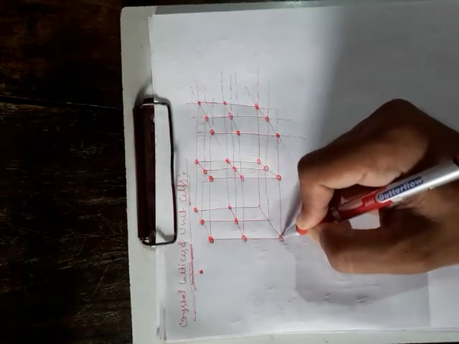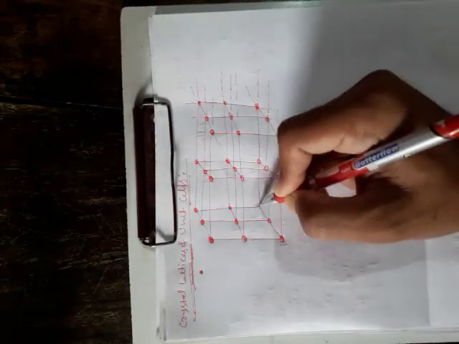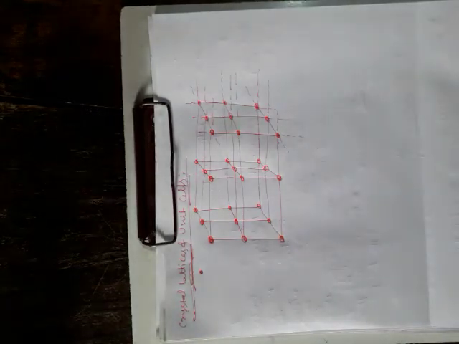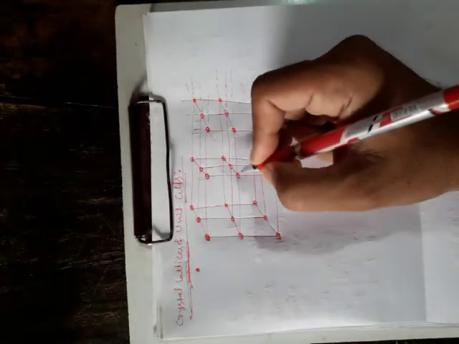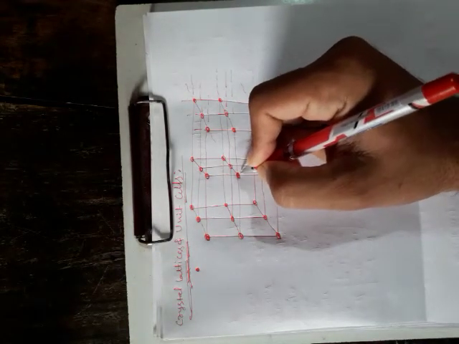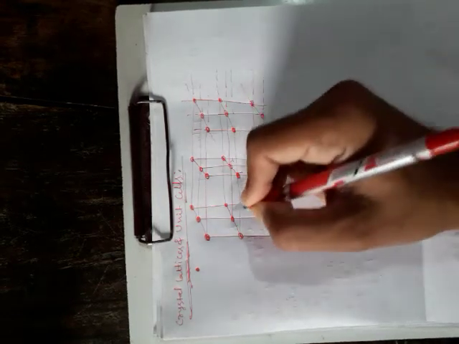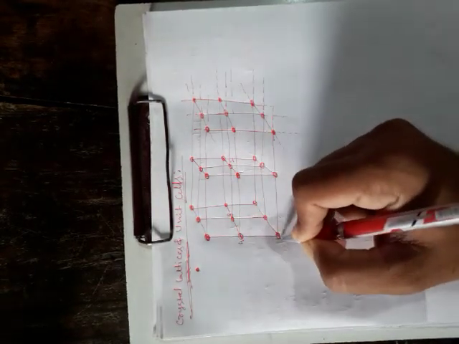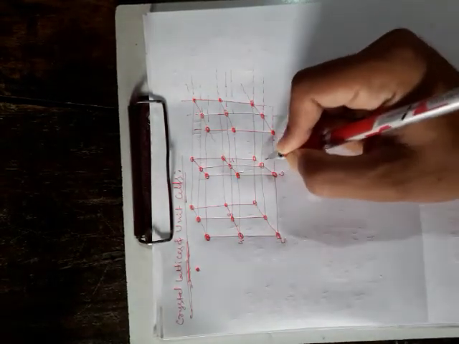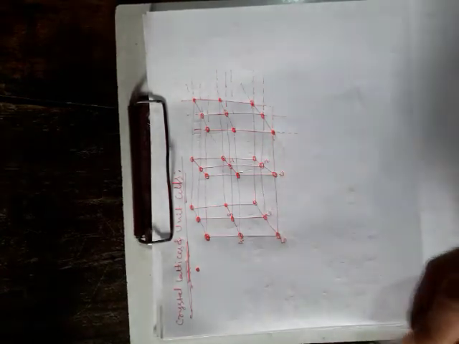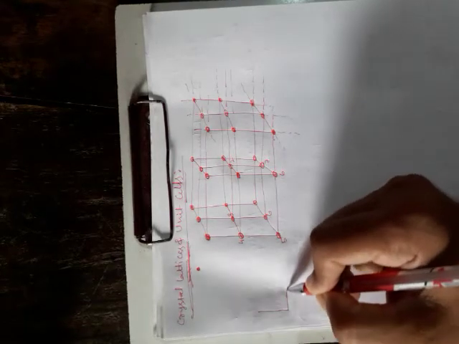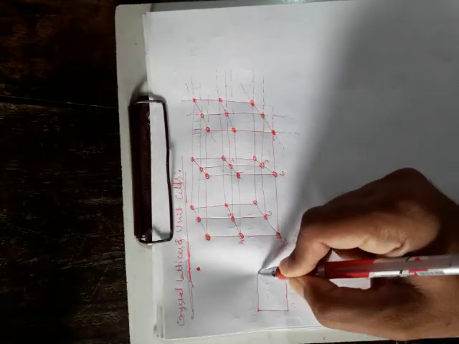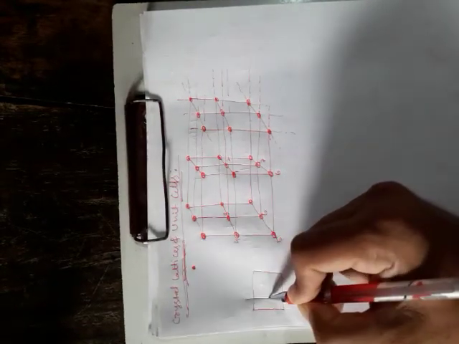Now this figure looks like 8 different units, 8 different cubes. Suppose we name them 1, 2, 3, 4, 5, 6, 7, 8. So the small part of this unit will become this.